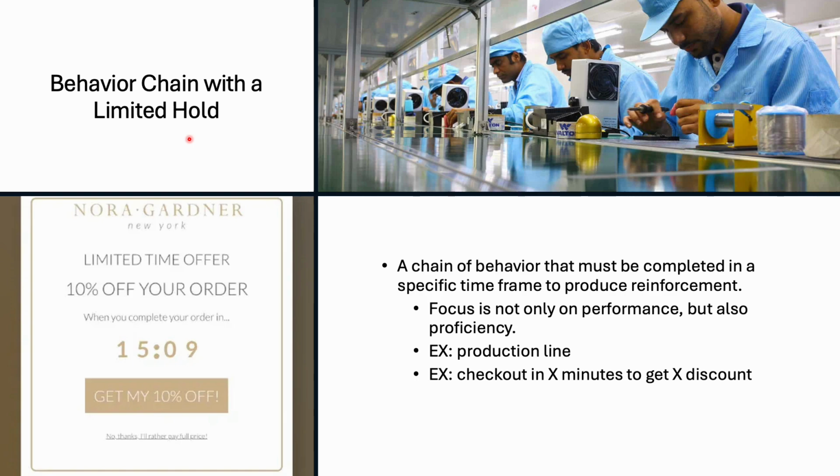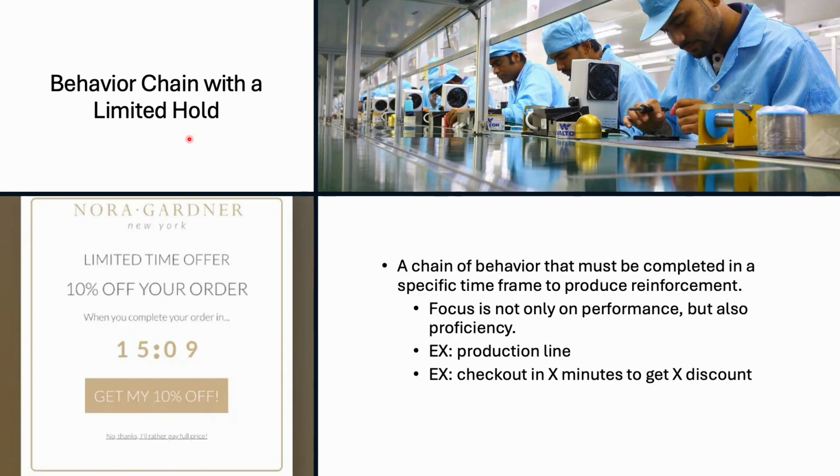Okay, so when we have a behavior chain with the limited hold, that basically means that we have a chain of behavior that needs to be completed within a specific time frame in order for the learner to be able to access reinforcement. And if the learner does not engage in the entire behavior chain during the specified time frame, then they won't get reinforcement.